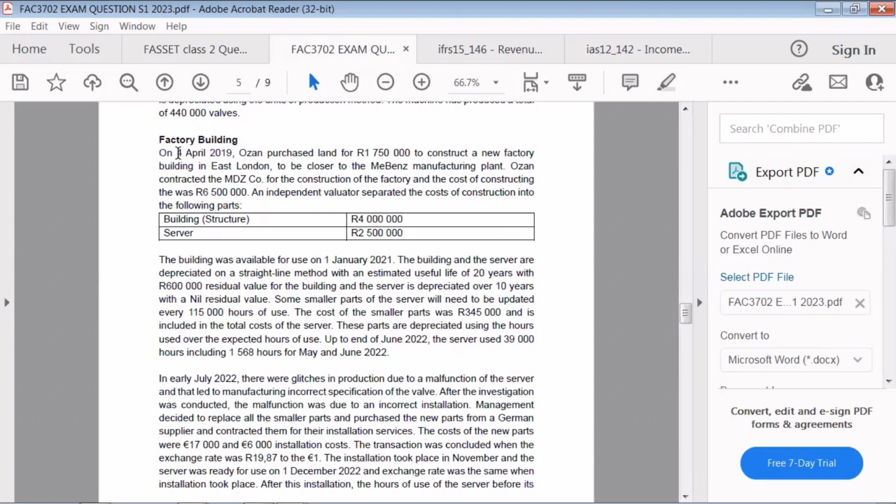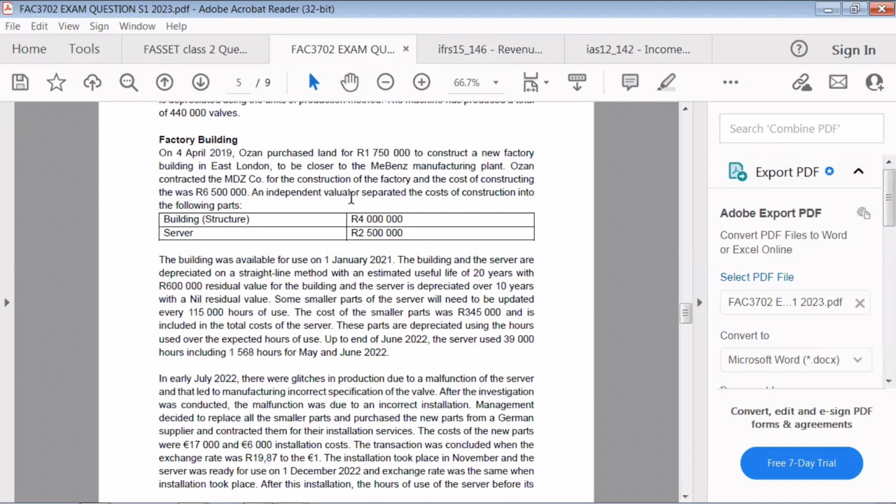Right. On 4 April 2019, Ozone purchased land for 1,750,000 to construct a new factory building in East London to be closer to the MIPENS manufacturing plant. Ozone contracted the MDZ Corps for the construction of the factory, and the cost of constructing this was 6,500,000.